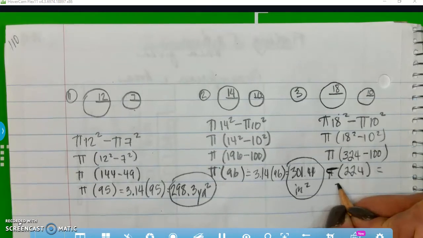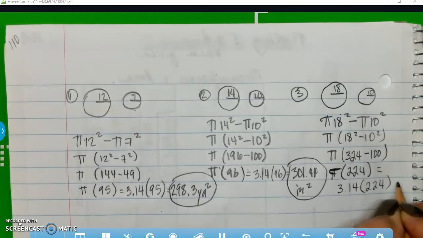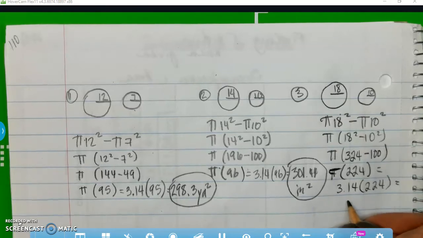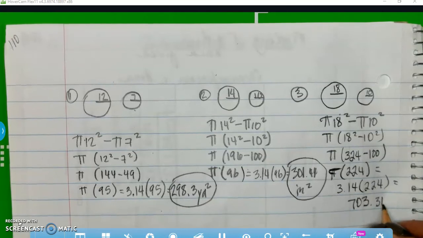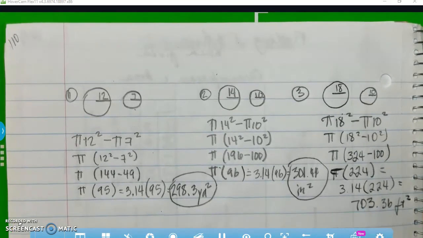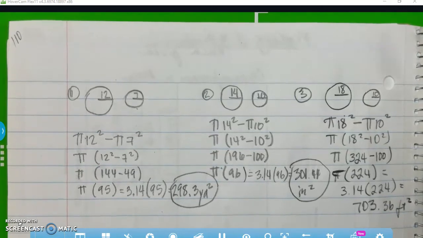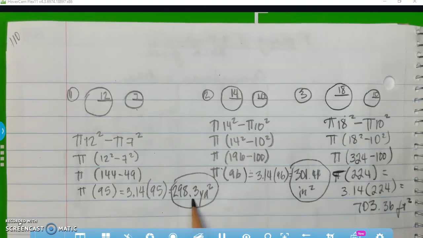And so pi times 224 for the total of 703 and 36 hundredths square feet. In your responses, you do not need to worry about the measurements. Just write down your numbers as they are.